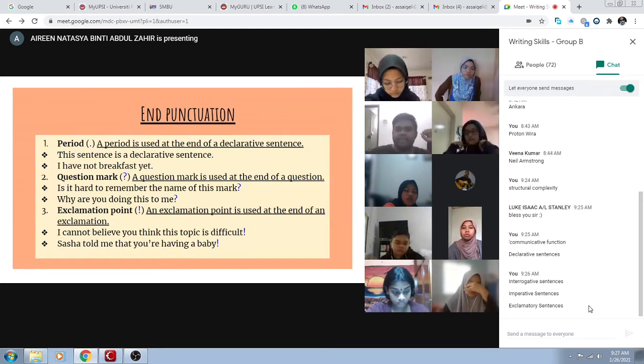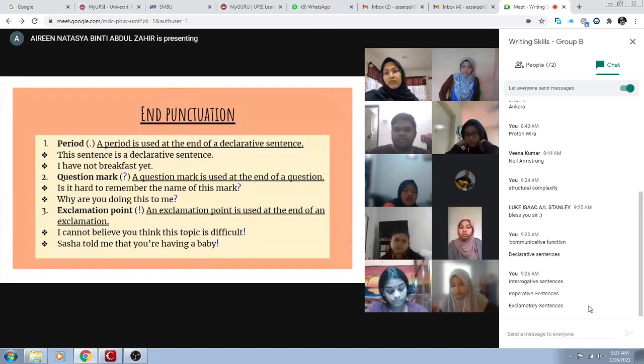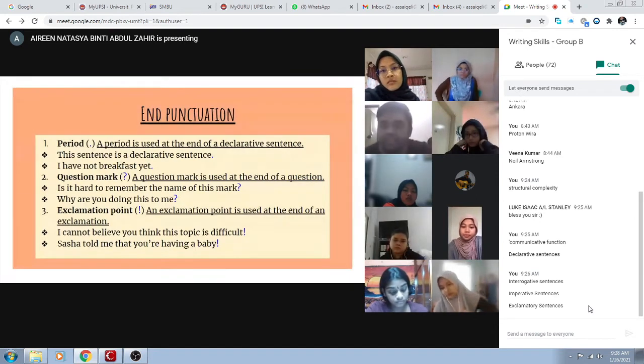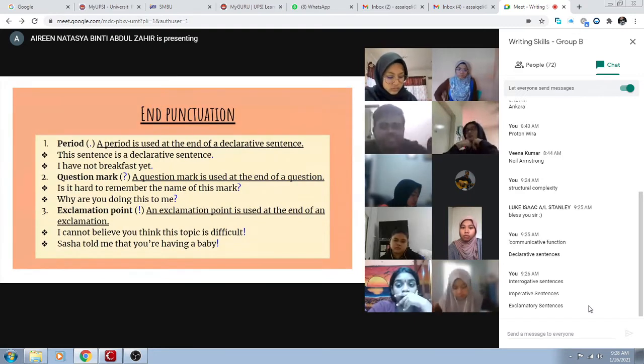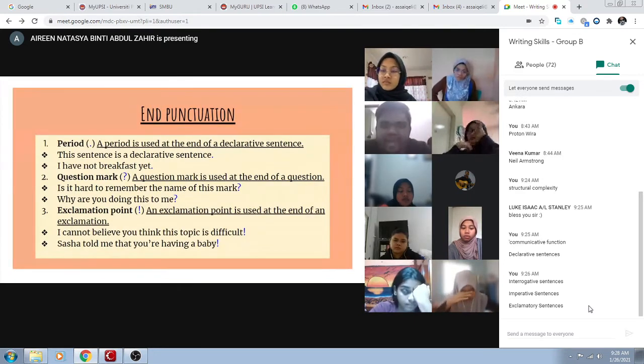Now, what is a declarative sentence? I want you also to pay attention to the word order of these types of sentences because the word order is different each time. So look at three things: the function of each sentence, the punctuation mark used, and the word order.